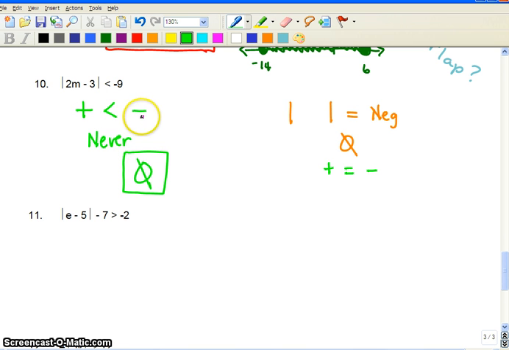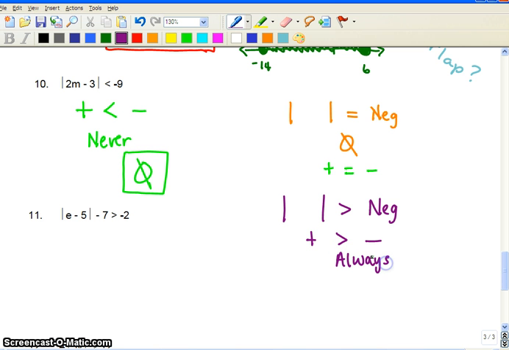So you have to think about it. That's why I was writing this when we were doing it with the equal to signs. All right? Now what's that other case going to be? What if you have an absolute value less than a negative? Is a positive, I'm sorry, we already did less than. Let's do greater than. Is a positive greater than a negative? Always.